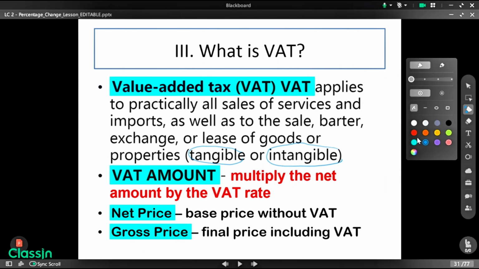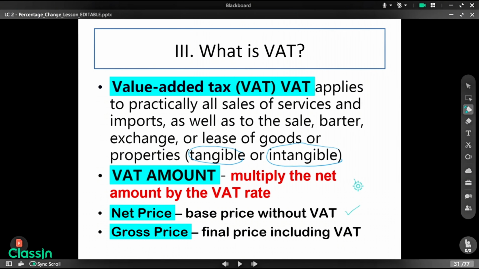Next term is a VAT amount. When we say VAT amount, you can get it by multiplying the net amount by the VAT rate. Next term is the net price.